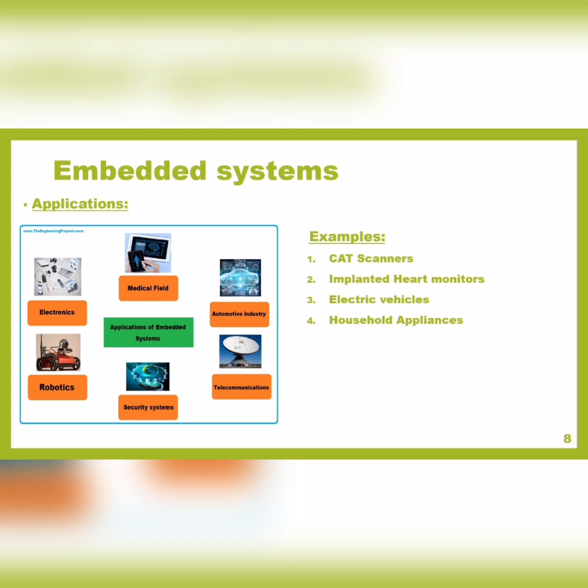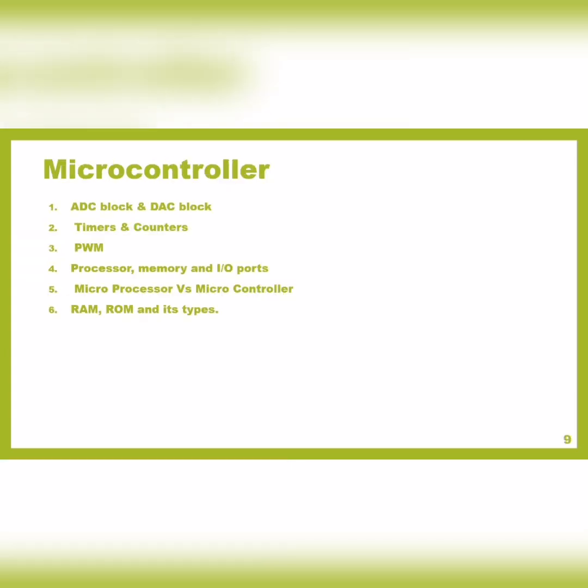Next, microcontroller. Microcontroller is defined as an integrated circuit used in embedded systems such as cars, coffee makers, and IoT devices. The working principle of a microcontroller is fetch, decode, execute cycle. The CPU fetches an instruction from the program memory, decodes it to determine the required action, and executes the instruction accordingly.